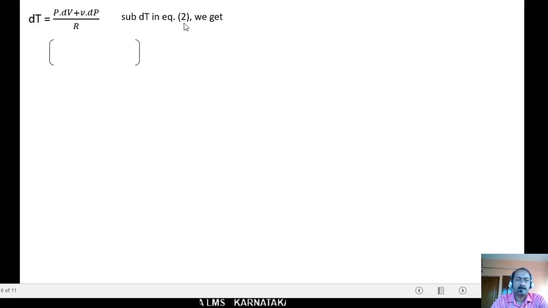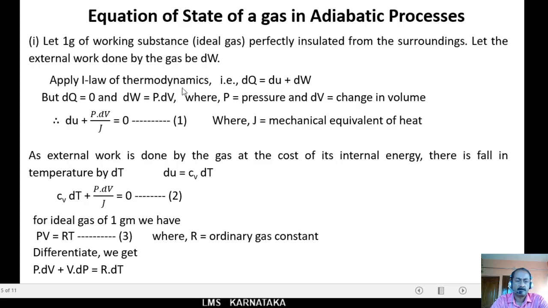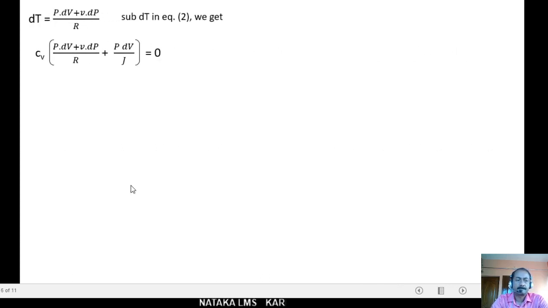Substitute dT in equation 2. We get Cv into (P dV plus V dP) divided by R plus P dV divided by J is equal to 0.